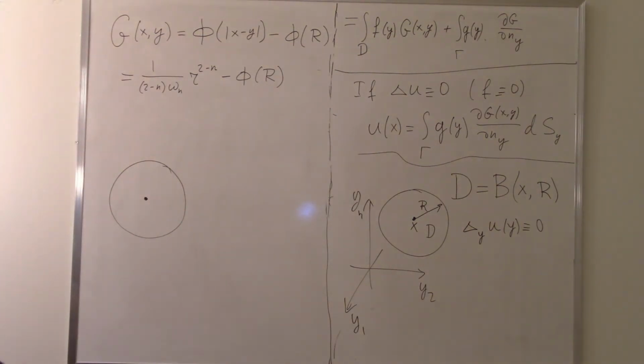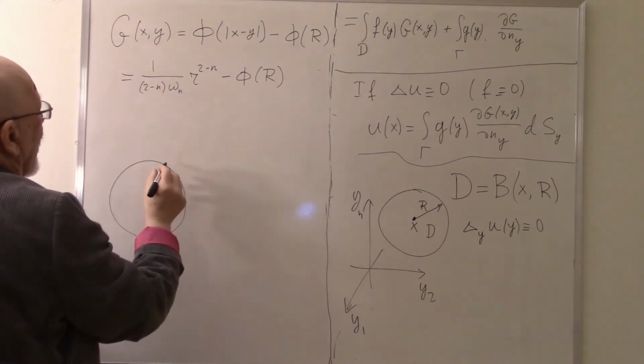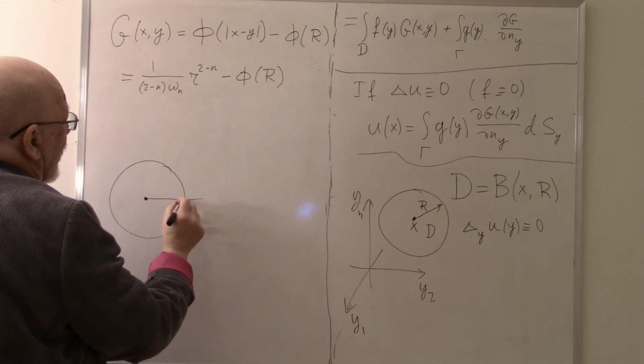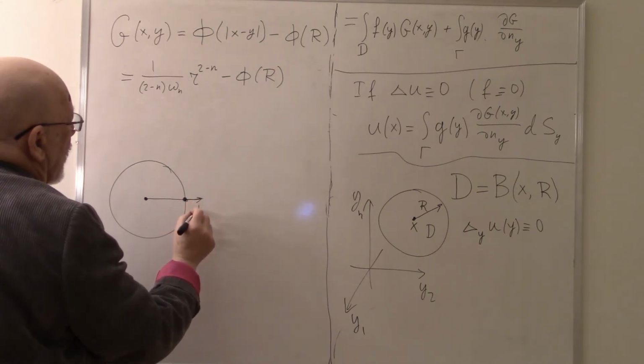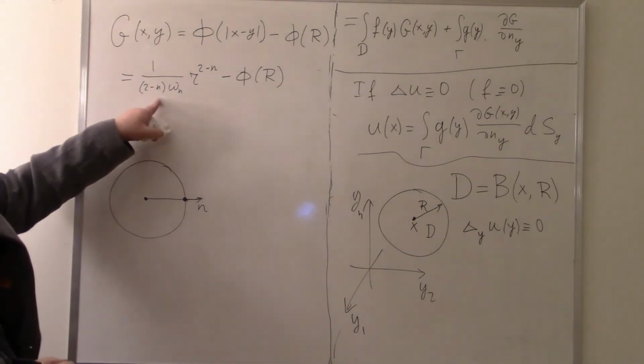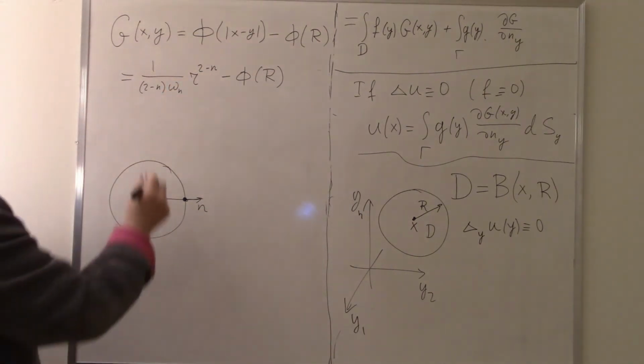Yes? So dg dn, so we go along this unit normal, is just the derivative of this function with respect to r.